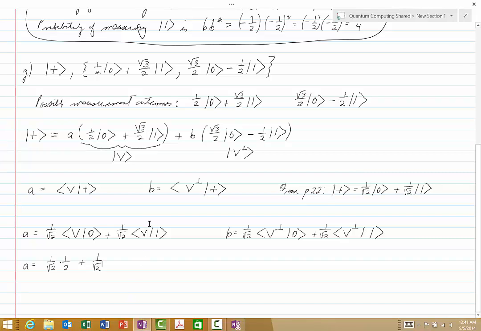And then for the second term, when we take the inner product with 1, the first term will drop out, and then we have this, so square root of 3 over 2. When we do the same thing over here in the equation for b, we get 1 over square root of 2, and then for the inner product of v orthogonal with 0, you can see from this equation we will get square root of 3 over 2.